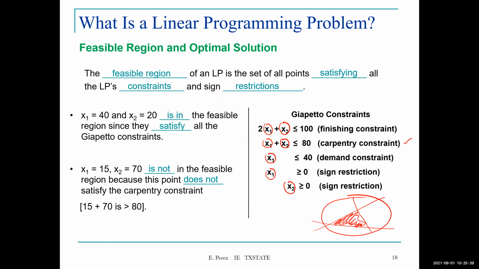So that X1 equals 15, X2 equals 70 point will be a point outside that area. It is not inside the feasible region. So it will not satisfy all the constraints. That's the visual representation of what I'm trying to explain. That point X1 equals 40, X2 equals 20 will be inside this feasible region.